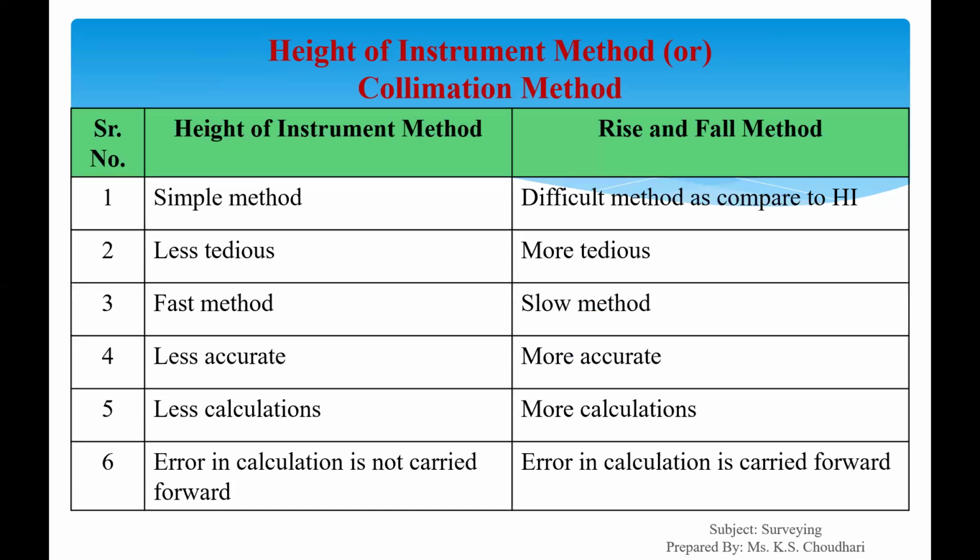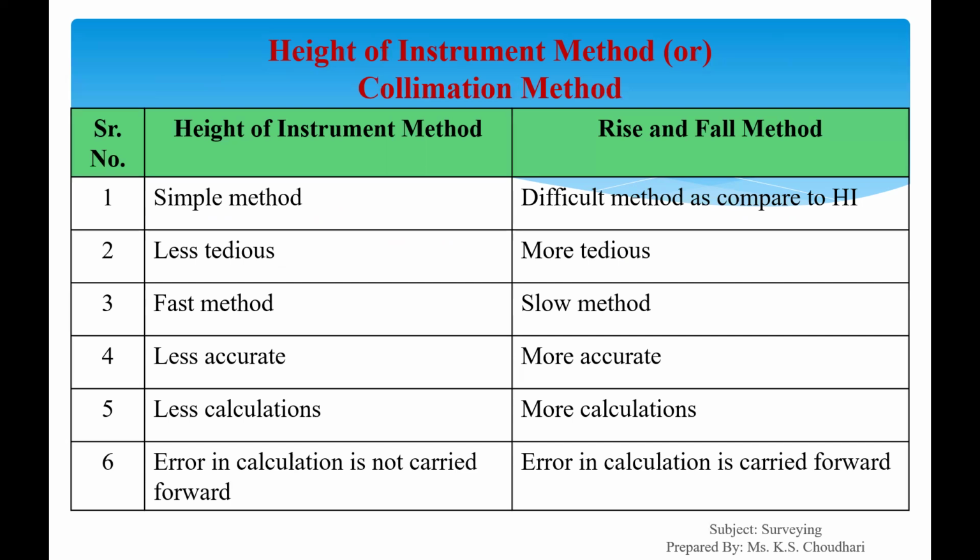Now, in this slide, we will understand in a short and simple way the difference between the height of instrument method and the rise and fall method. Height of instrument method is simple, less tedious, less accurate, less calculation is required in it, and it is a fast method.